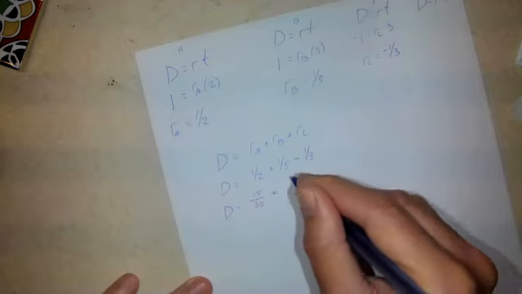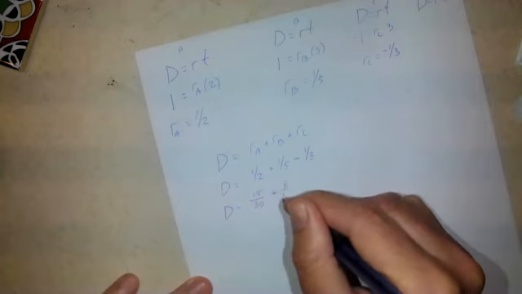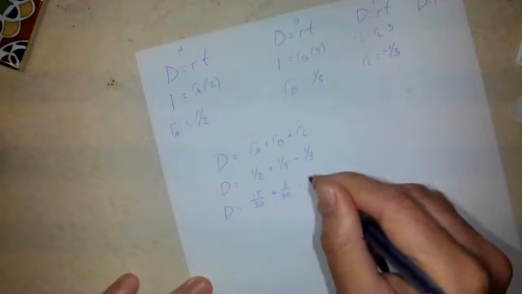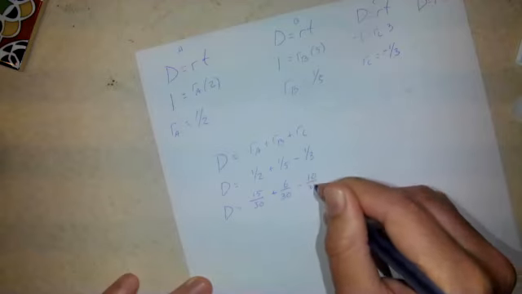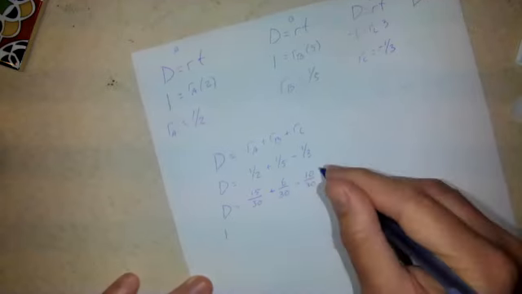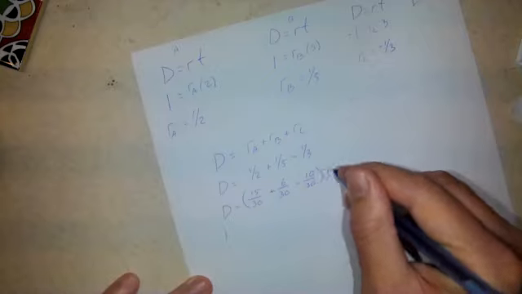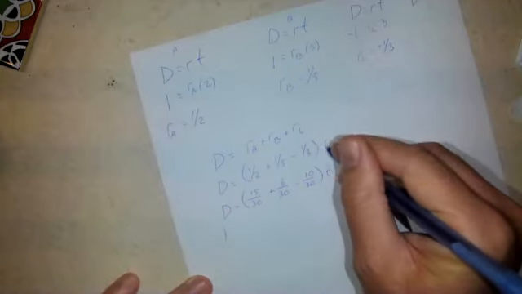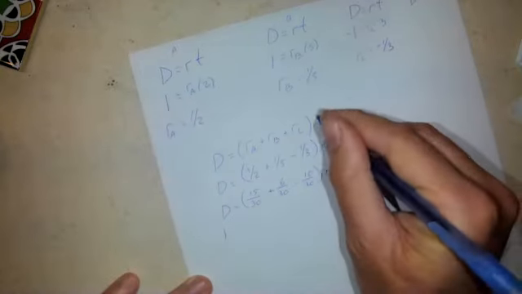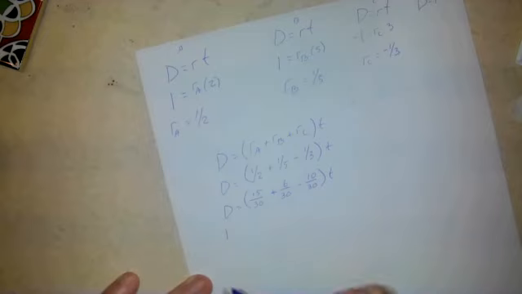So distance equals 15/30 plus 6/30 and minus 10/30. And times time. I forgot to do that in my other iterations. Times time. Okay.